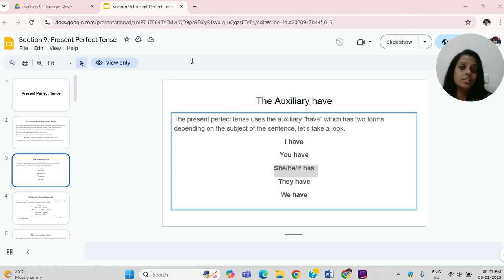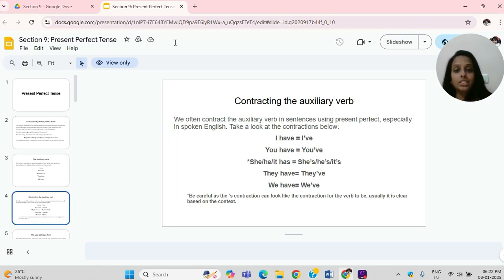You all know when I say eat, ate is the past tense and eaten is the third form of the verb, our past participle. When it comes to see, saw, seen, seen is the third form of the verb, our past participle. So whenever I say the term third form of the verb, it's the same as the past participle, it's just another word.